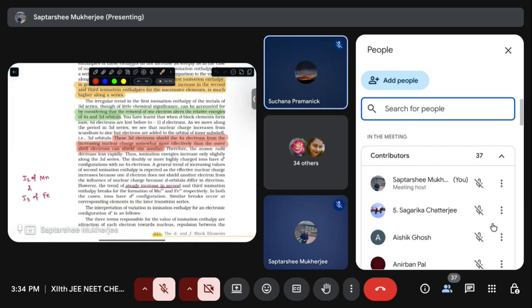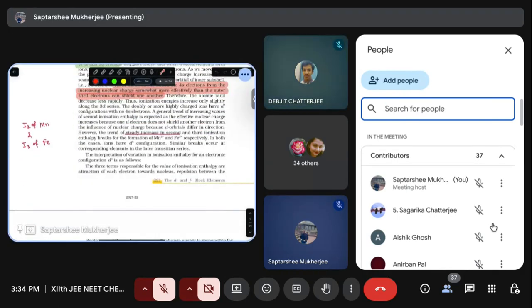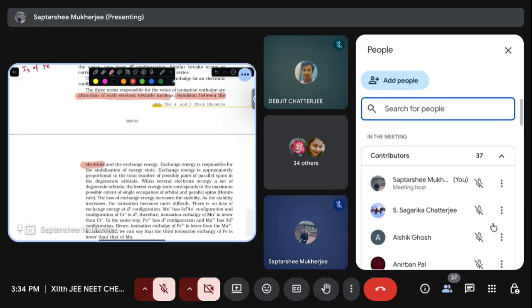Yes, sir. Now continue. The three terms responsible for the values of ionization enthalpy are, here you make it 1, 2, 3: attraction of each electron towards the nucleus, that is Z effective; repulsion between the electrons, that is pairing energy; and the exchange energy.